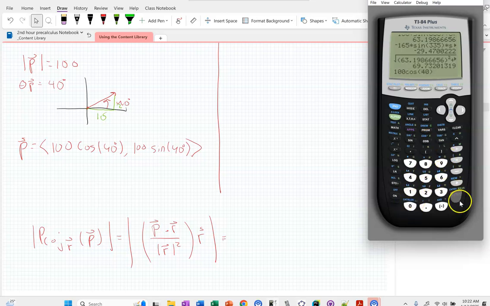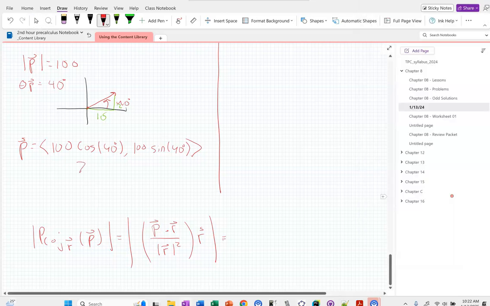I guess I probably want those as decimals as opposed to having to do all that extra writing. So 76.6 and 64.3.